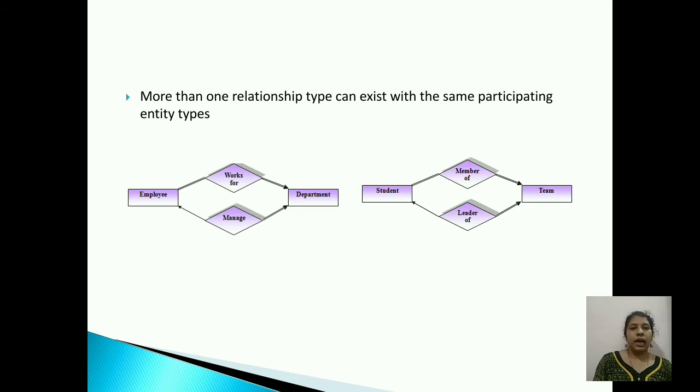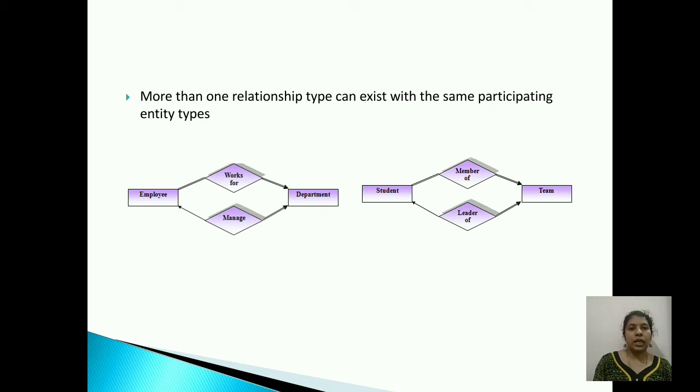Now, when we have different entities, they can be associated using more than one relationship. That means between the same entities, we can have different relationships. More than one relationship type can exist with the same participating entity types. Here you can see employee and department, the two different entities.